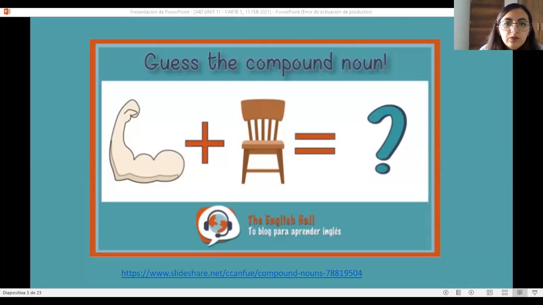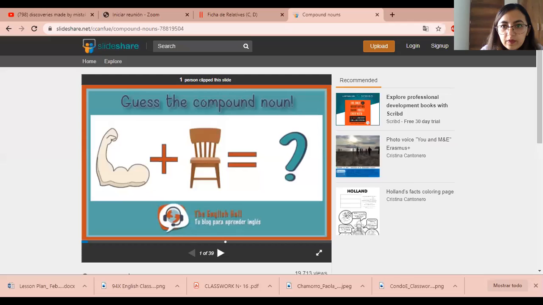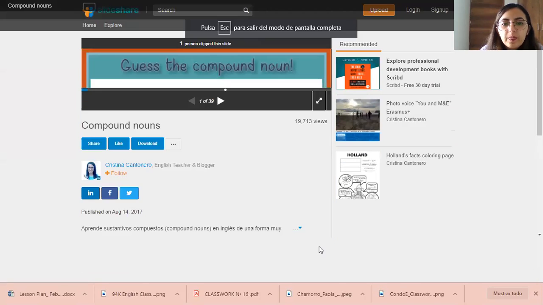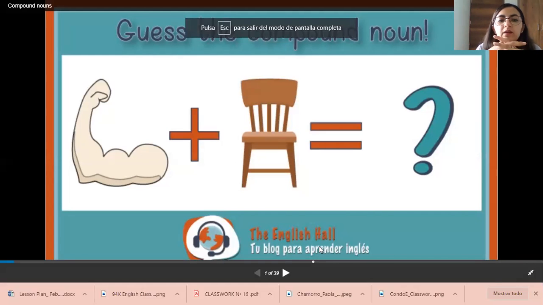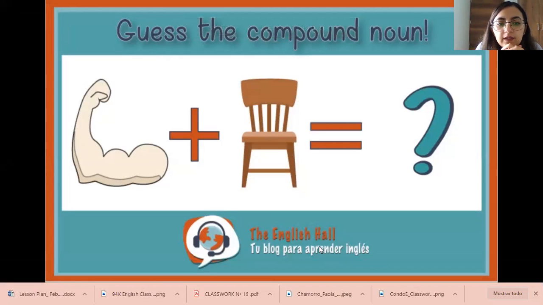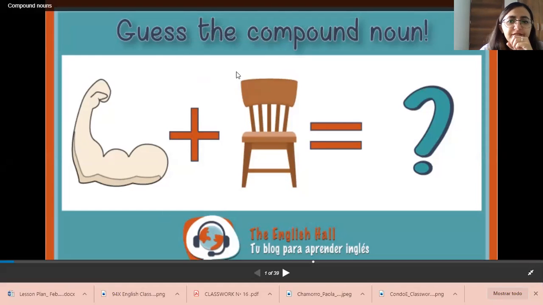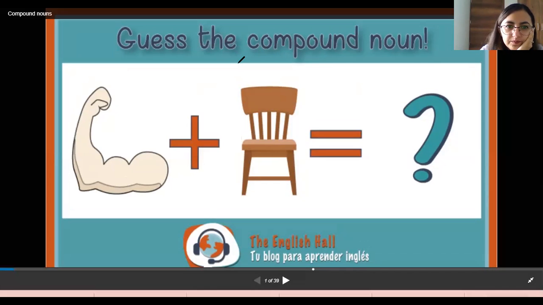So look at what are we going to do. Just to start. Para empezar, on the screen, you have different pictures. Can you tell me the names? For example, of the first picture we have right here, what is it?